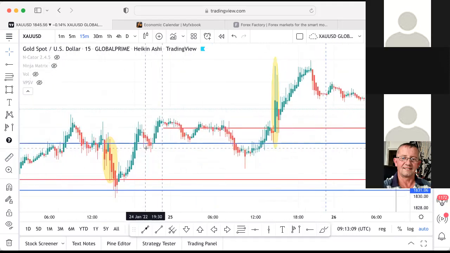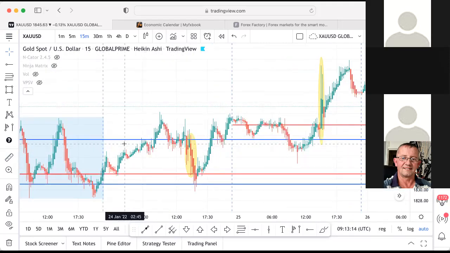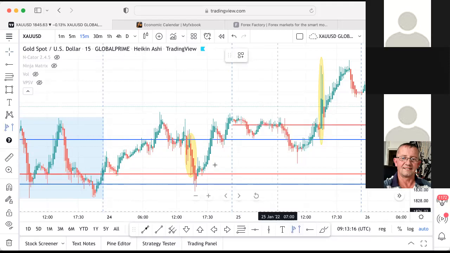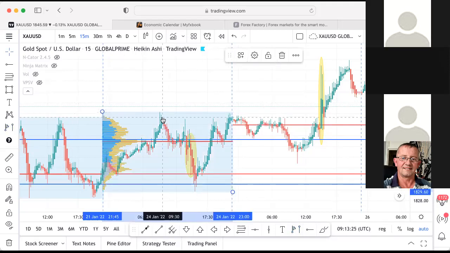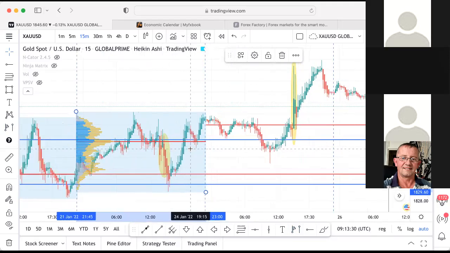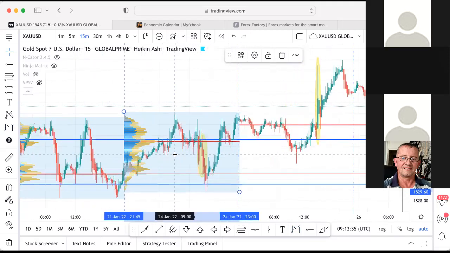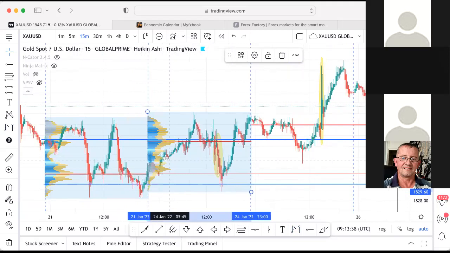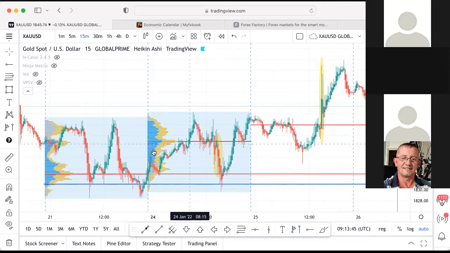And similarly, on Tuesday, just trying to work out where the point of control there was. There it is, there's a point of control.